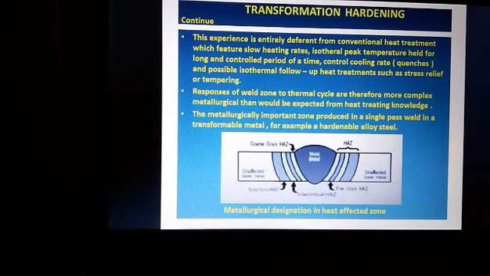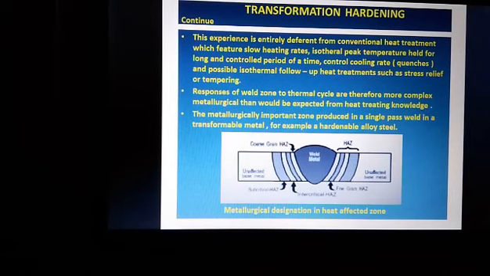This experience is entirely different from conventional heat treatment, which features a slow heating rate, an isothermal peak temperature held for a long and controlled period of time, a controlled cooling rate quench, and possible isothermal follow-up heat treatment such as stress relief or tempering.